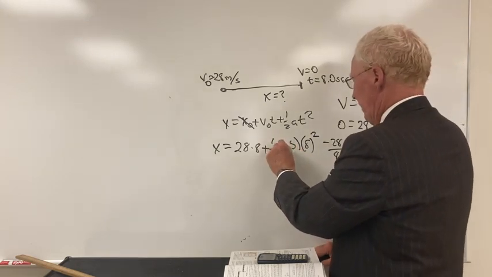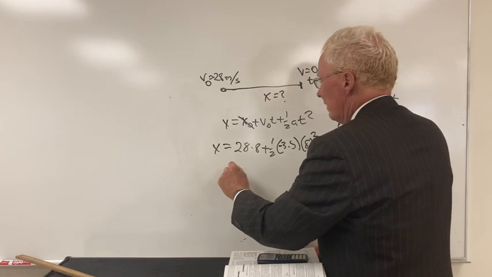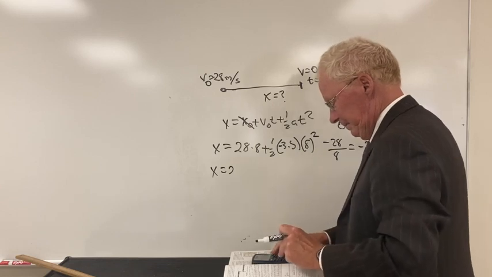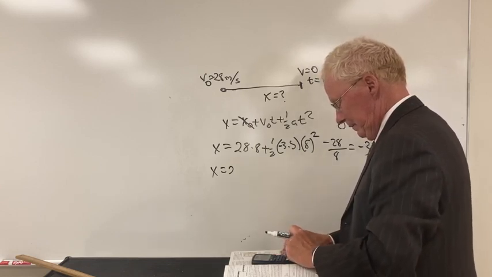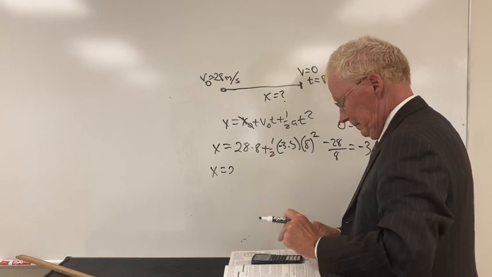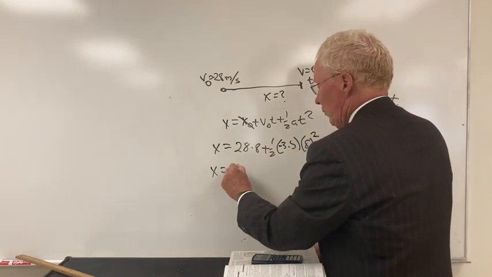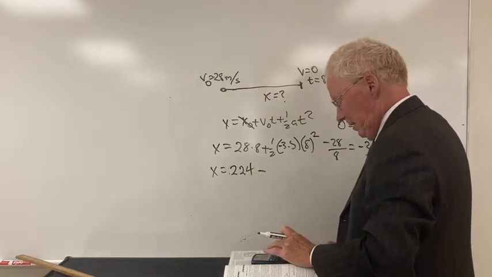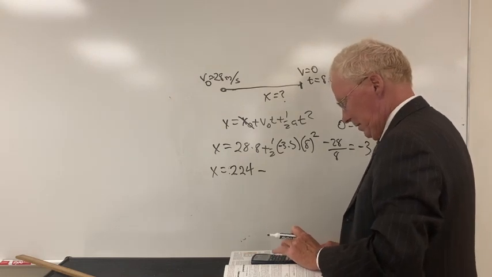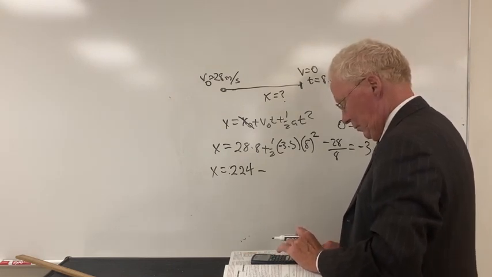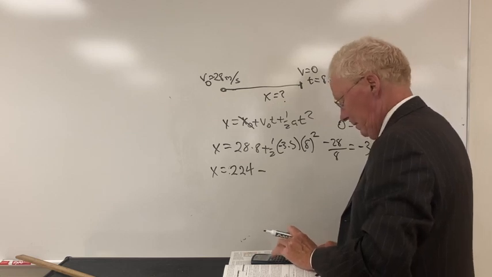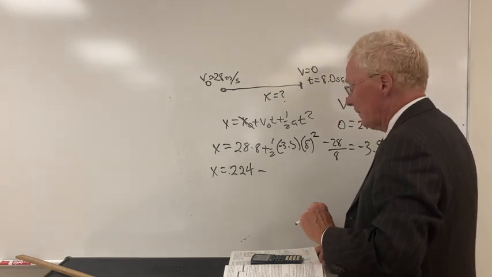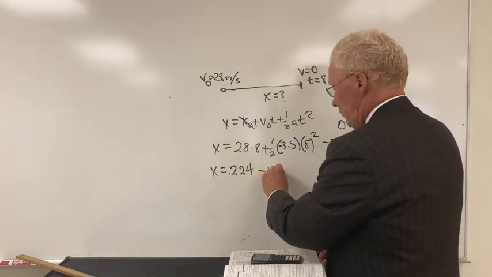That's going to be minus, so x is, I'm just going to multiply these out. That's 224, and that's minus 64 times 3.5 divided by 2, which is 112.